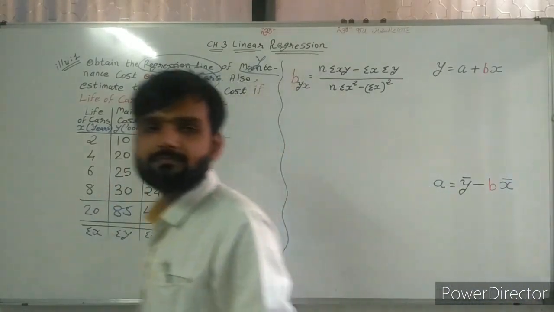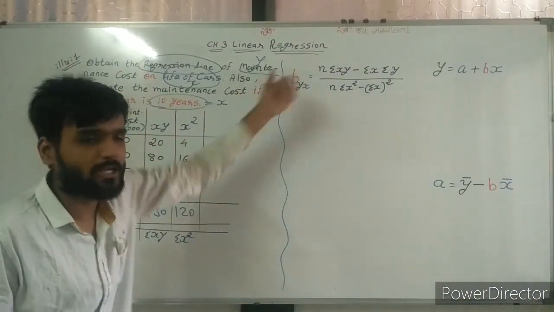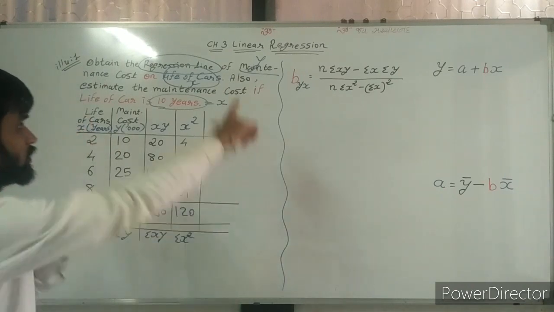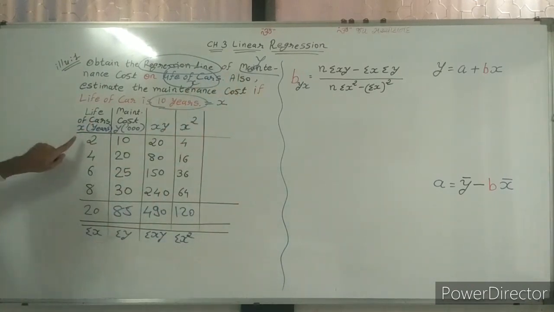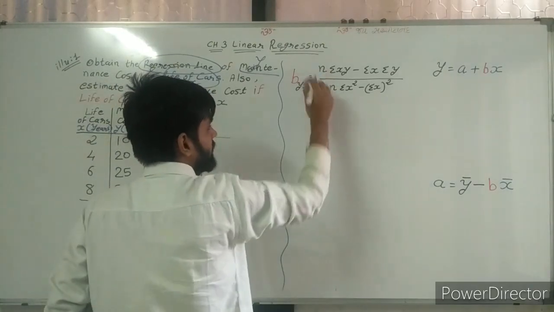That's it. Now replace the values in the formula. First of all, n: 1, 2, 3, 4, so n is equal to 4.